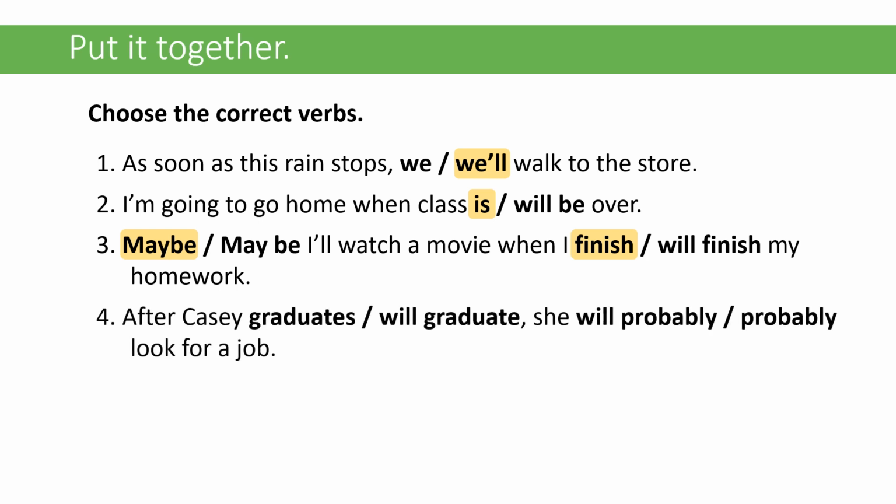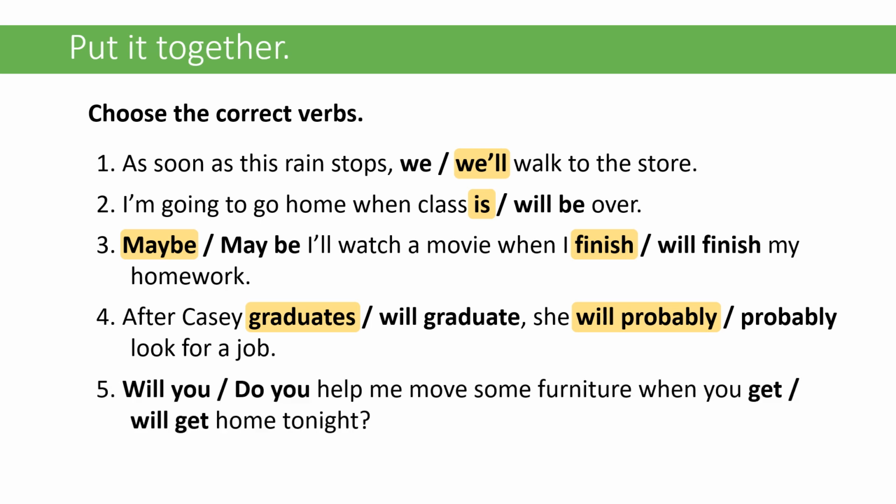After Casey graduates or will graduate, she will probably or probably look for a job? So in this one, we're using the simple present because this is a time clause, and we're going to use will probably because we need to use the future because the meaning is a future meaning.